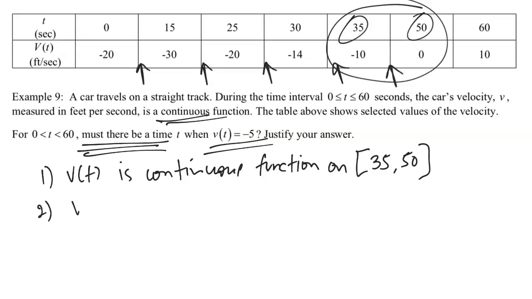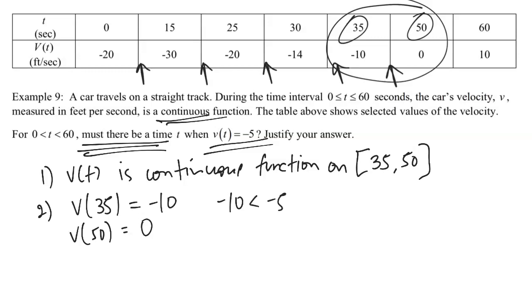Secondly, v of 35 is equal to -10, as you can see from the table. And v of 50 is equal to 0. And -10 is less than -5 is less than 0. Or another way to write that is you could say that v of 35 is less than -5, which is less than v of 50.